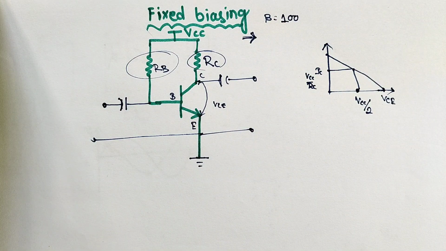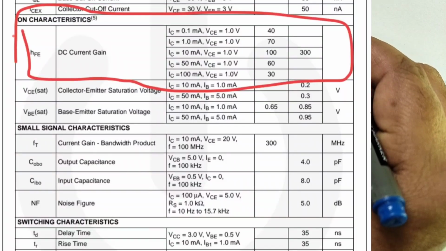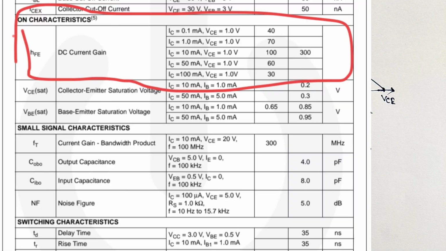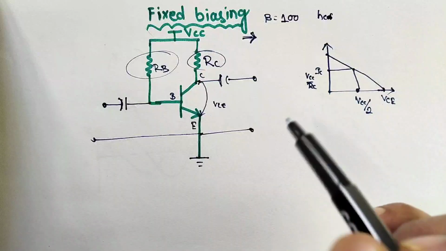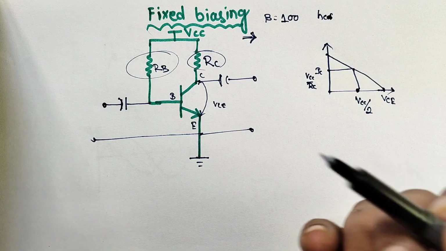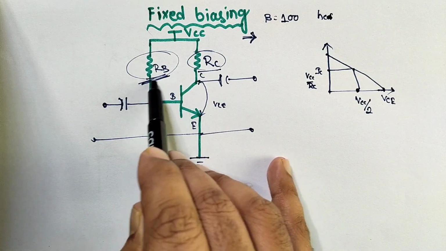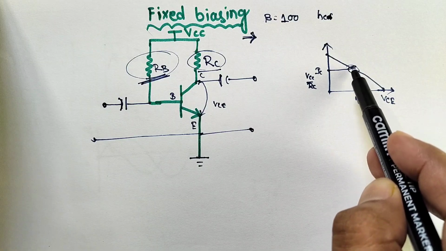You can see in the data sheet the beta value is mentioned, or hFE, another name for the gain. First we need to find how to set the values to get this Q point.